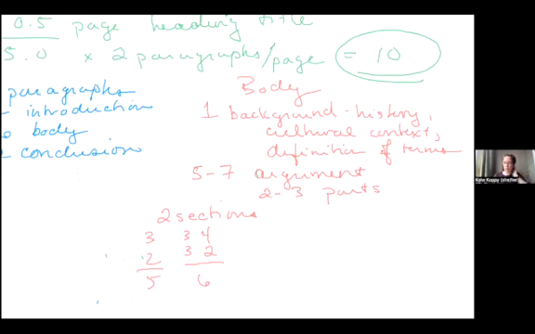If you have 7 paragraphs and you want to divide your argument into 2 sections, you can go 3 plus 4, or you can go 5 plus 2. I don't know that I would go 6 plus 1. That seems like it's a little bit out of balance, but these are both ways that you could do 7. A similar thing, if you decide that your argument has 3 sections.